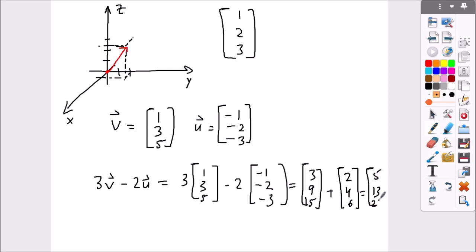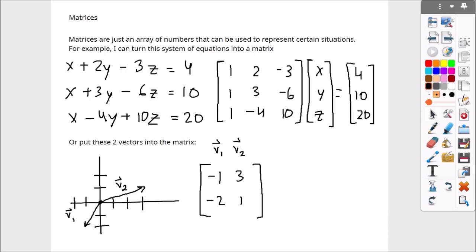So it still works the exact same. You multiply every component and you add horizontally. Same method to add, subtract, and multiply vectors.